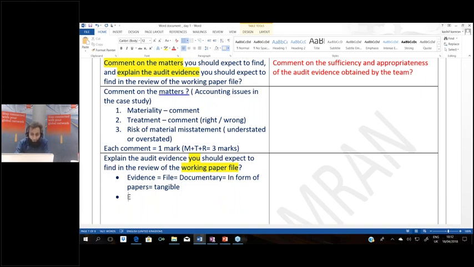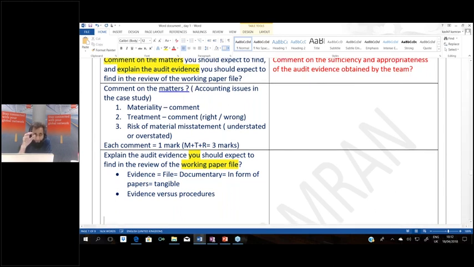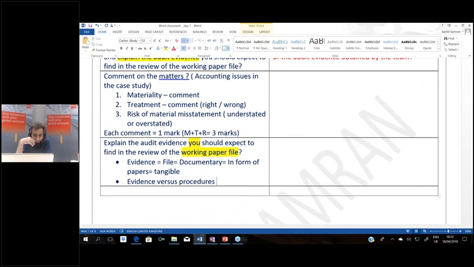Now, normally, the student is confused between evidence versus procedures. When the examiner asks them to write evidence, they write procedures. There is a difference between a procedure and an evidence. Evidence is in paper form. A procedure basically starts with an action verb. For example, if I say review the board minutes, review is the action.